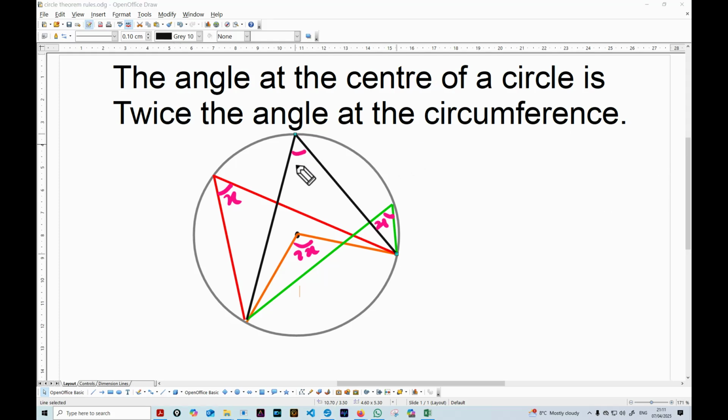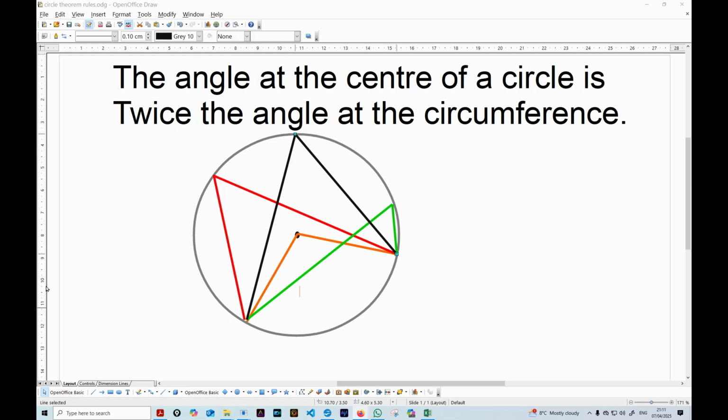That is also x. So if that's 49 degrees, that angle is also 49 degrees. So 49 times 2 is 98 degrees. So that is rule number 4.